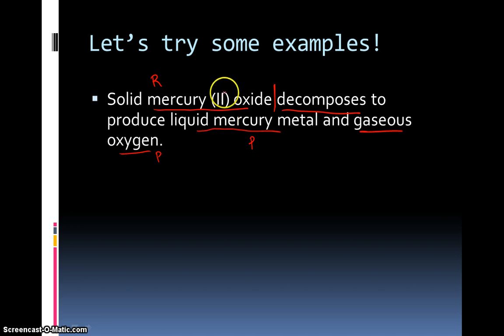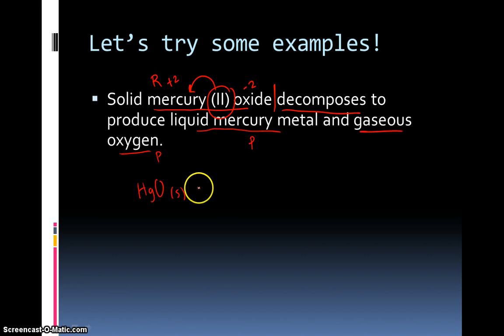If we look at the compound up here, if we remember from naming, this Roman numeral tells me that the mercury is a +2 ion. If we look at the periodic table, we know oxide comes from oxygen, which is a -2 ion. +2 and -2 are the same charge, so my compound is simply going to be HgO. It tells me it's solid, so I'm going to put a subscript s next to it.